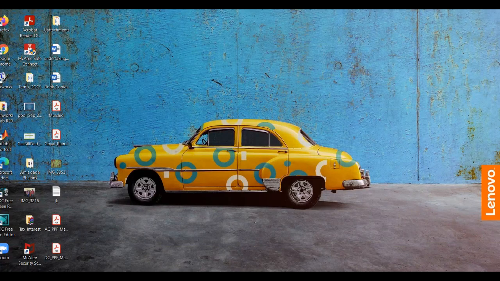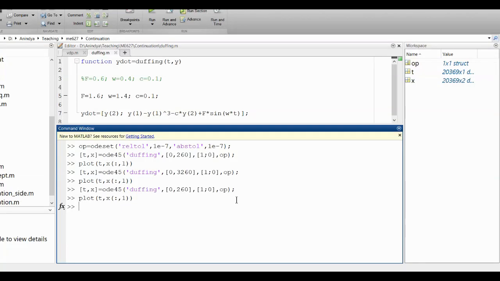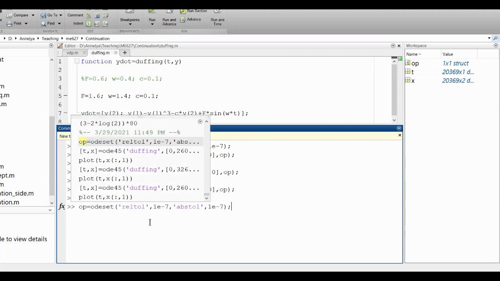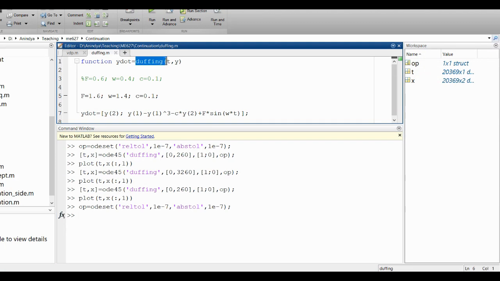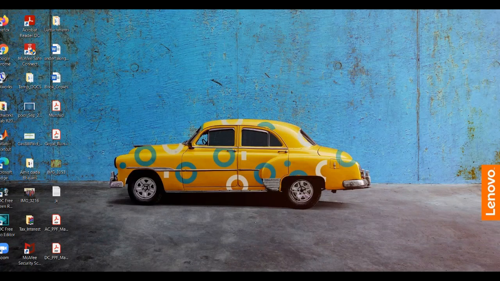So here we are in MATLAB, and I have my error tolerance set up, and this you may recognize is the Duffing oscillator. You see y1 dot is y2, y2 dot is like this. This is a Duffing oscillator with a negative linear stiffness. So let me write that down here.